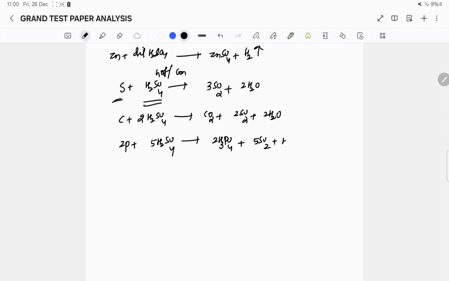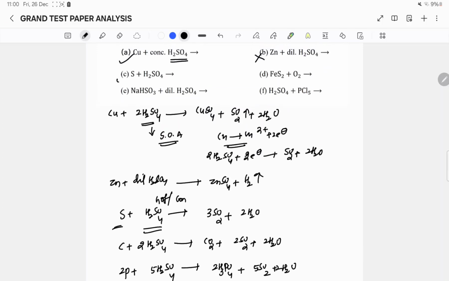Similarly, arsenic reacted with sulfuric acid will produce arsenic oxide plus sulfur dioxide plus water. So sulfur can also react with H2SO4 to produce sulfur dioxide gas.